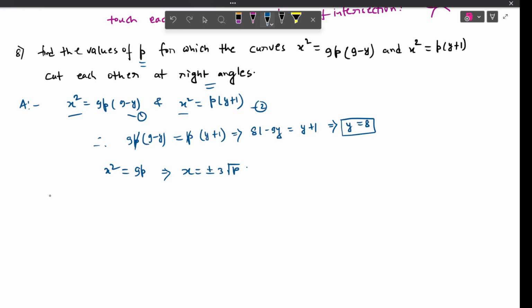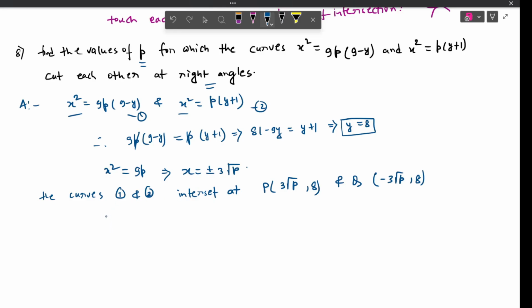So these two curves, the curves 1 and 2 intersect at P, 3 root p comma 8 and Q, because here plus minus is there, minus 3 root p comma 8.